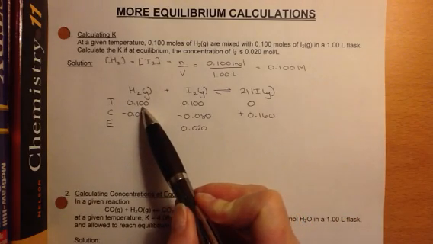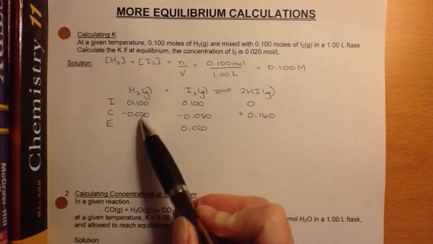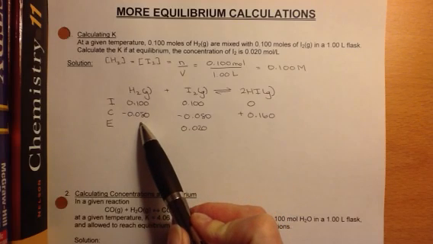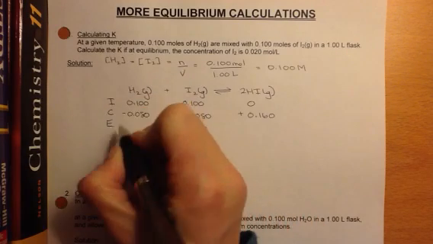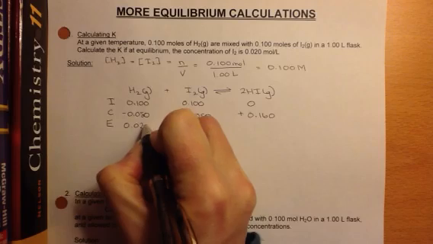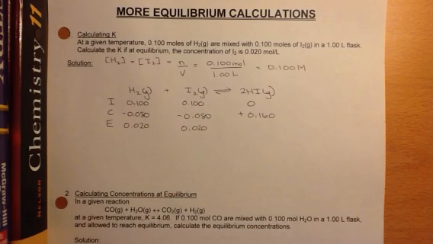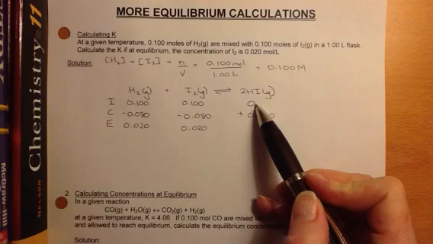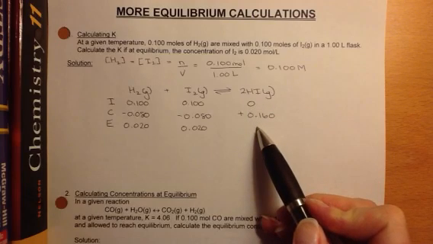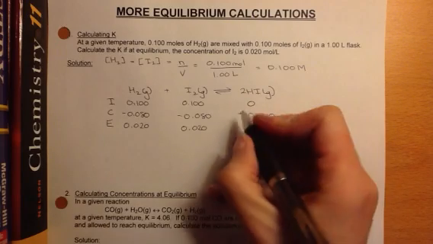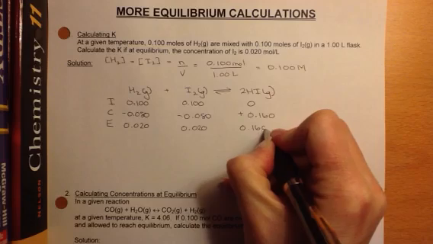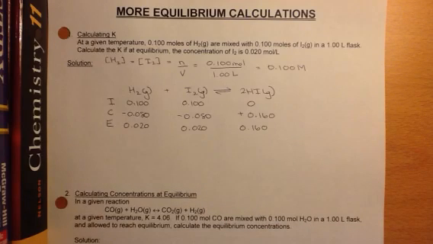So if we had 0.1 of the hydrogen initially, and we have 0.08 reacting, we must have 0.02 of hydrogen at equilibrium. For the hydrogen iodide, we start with nothing. We have 0.16 reacting, so that must mean we have 0.16 at equilibrium.